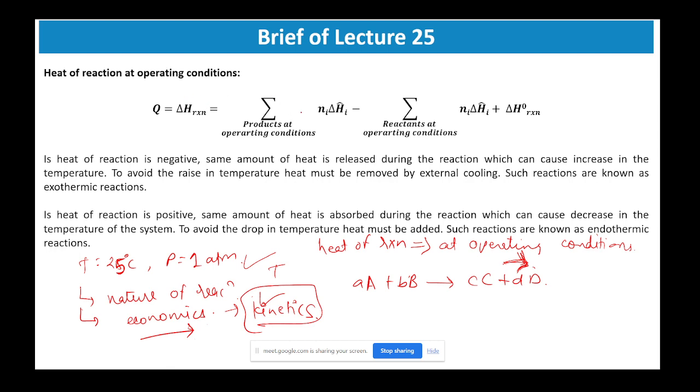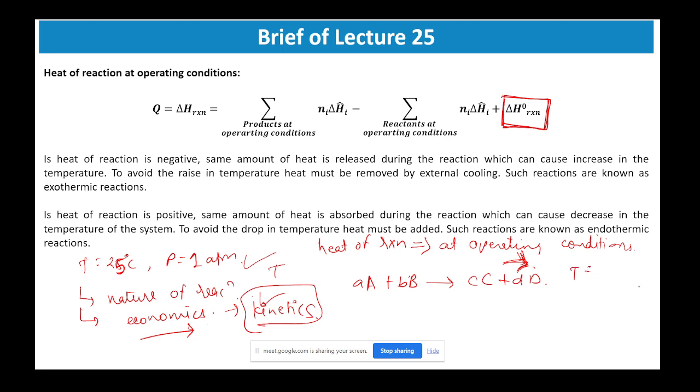Okay, so firstly there will be a certain heat of reaction at standard state, so you always have the standard heat of reaction. Now you add the amount of heat related to, for example, the reaction occurring at 40 degrees Celsius instead of 25 degrees Celsius.